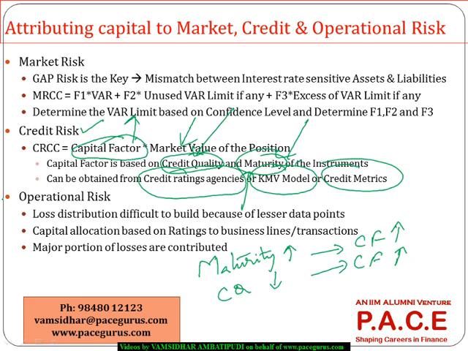Then the third dimension is the operations risk. Generally it is very difficult to allocate operations risk, but the biggest thing is most of the banks are suffering from heavy problems with respect to operations risk itself. The only thing which people suggest is you try to give some kind of ratings to your various business lines and transactions, based on various aspects.